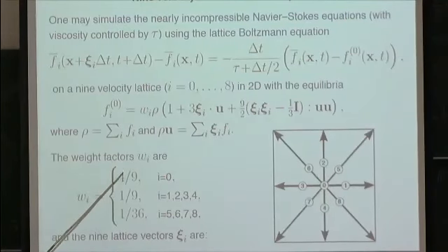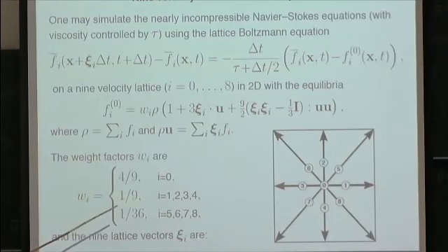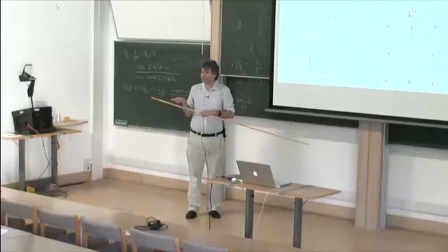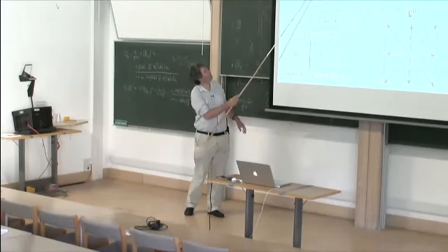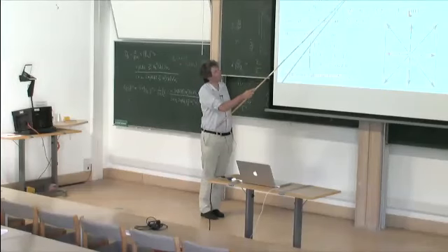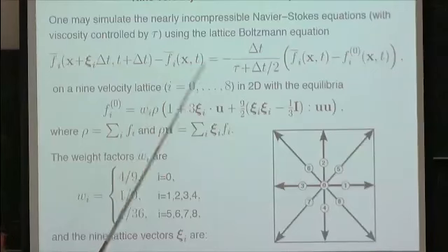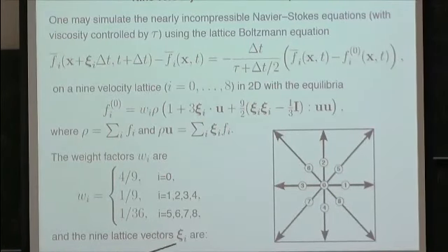Each of those speeds has a weight associated with it, and they go into some equilibrium distribution functions here, which are known functions of density and velocity, and the density and the velocity are got from moments of some distribution functions which I call f. So I've got 9 functions, f0 up to f8 per grid point (oops, these should have bars on them), and they evolve in space and time through this formula. So I do some collisions of f towards f0, add that onto the f value, and then move it to a new grid point at a new time step. So that's my numerical scheme.